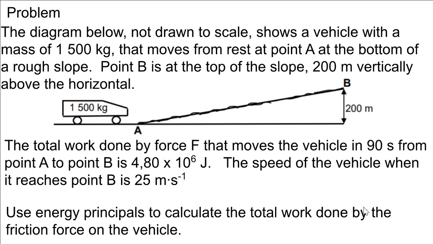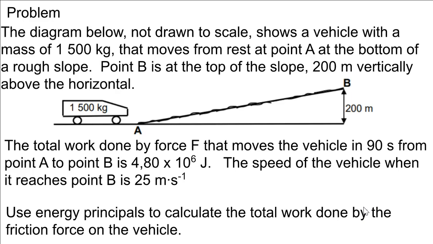Okay, here is an example you can try on your own. The diagram below, not drawn to scale, shows a vehicle with a mass of 1,500 kilograms that moves from rest at point A at the bottom of a rough slope. Point B is at the top of the slope, 200 meters vertically above the horizontal.